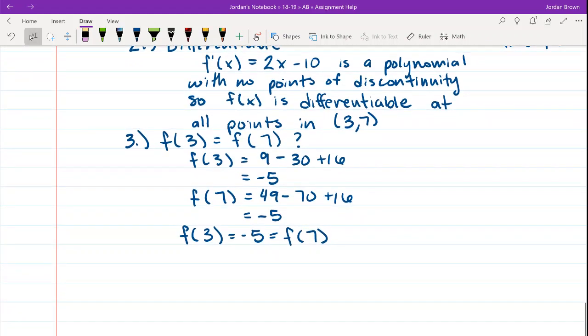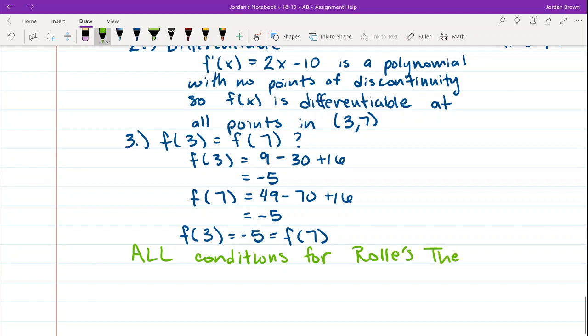So we can now say that all conditions for Rolle's theorem have been met. And we can use Rolle's theorem.